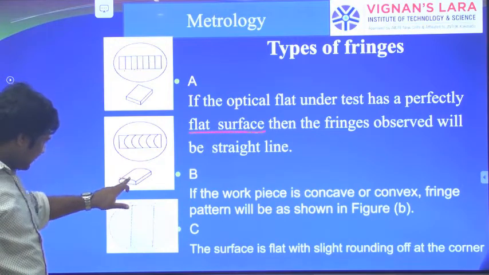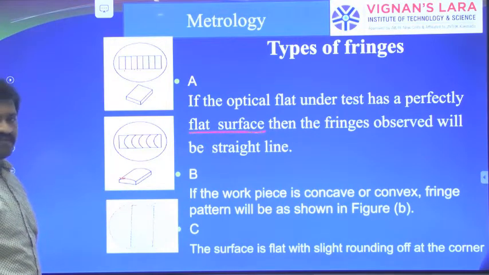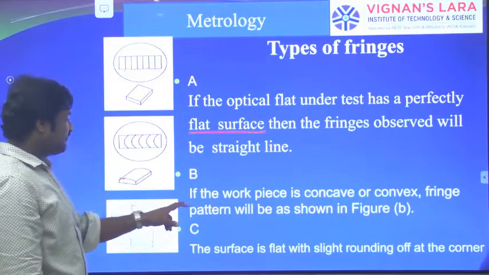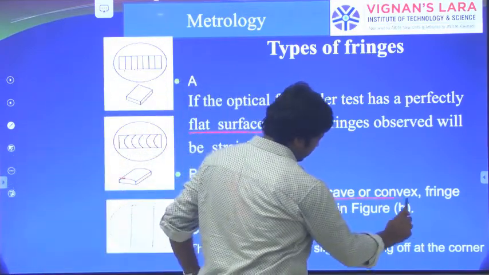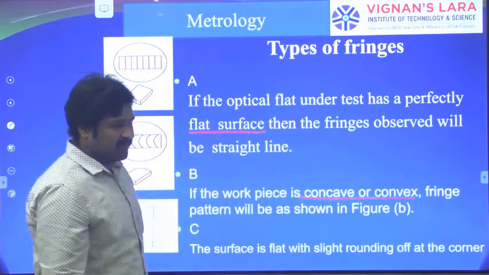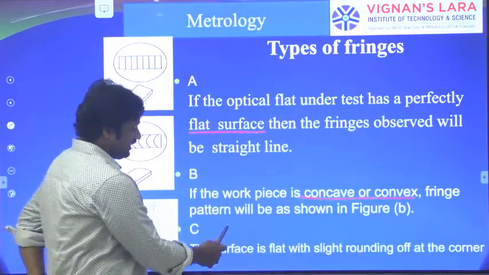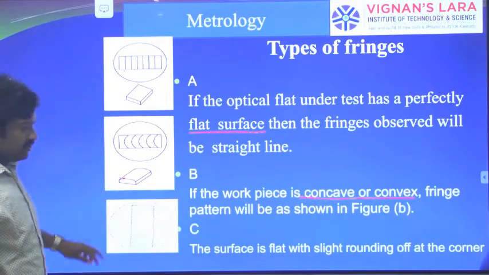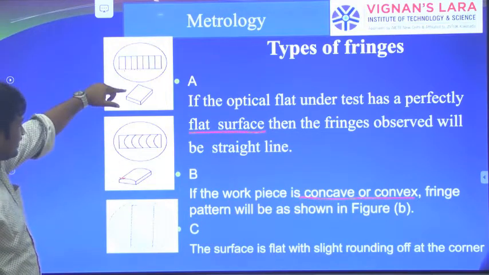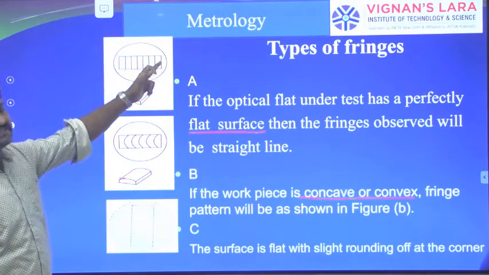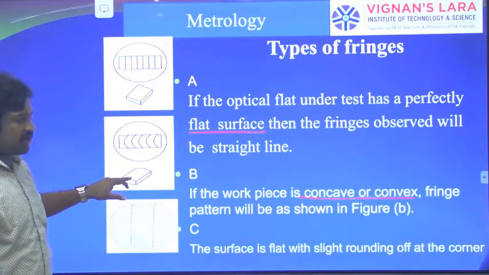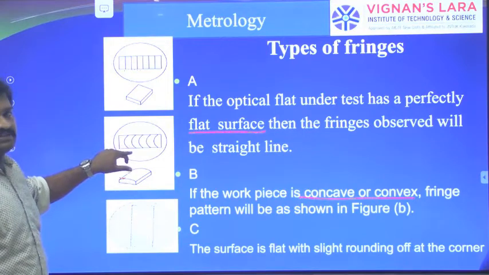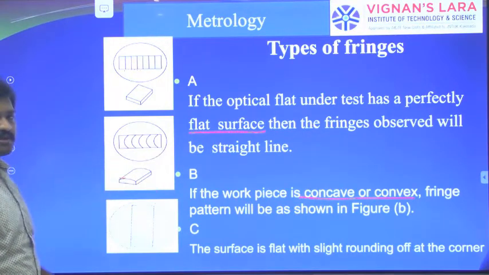If the workpiece is concave or convex, meaning a curvy nature, the fringe pattern will be as shown in figure B. If it is a curve, either convex or concave, curvilinear fringes will be obtained on the surface of the optical flat.